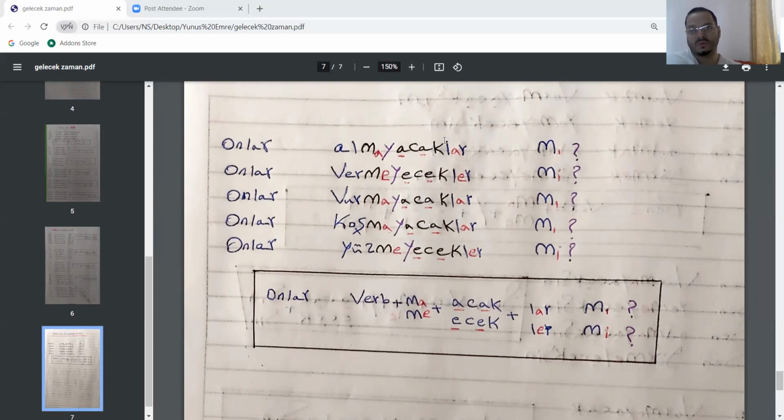But here we put it after acak or ecek, and the question word will be alone, unlike with all the other pronouns.